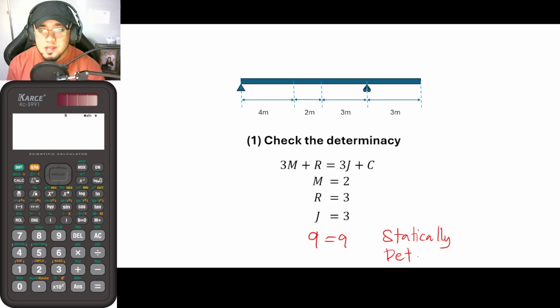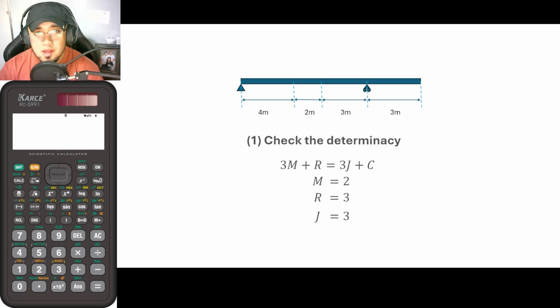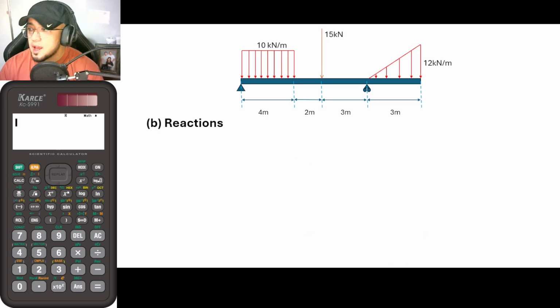Anyway, since our beam is statically determinate, the next thing that we should do now is to solve for the reaction. So since we are to solve for the reaction, I would now be returning the loads here. And for the reactions, once again, we have a vertical force here, a vertical force here, and the horizontal force here.